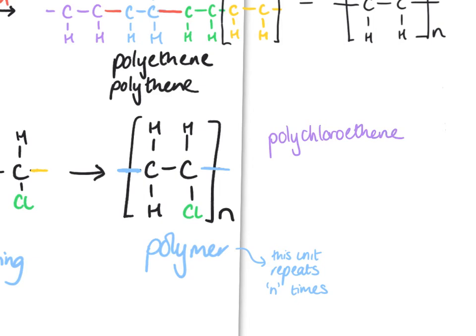But do remember that our double bond is now broken, so never put a double bond in your polymer diagram. The double bond has broken, so really there's no alkene molecules anymore because there's no double bond. But we still call it polychloroethene. We literally just put poly in front of the name of the monomer. The initial monomer was chloroethene, and we just shoved the word poly in front of it.